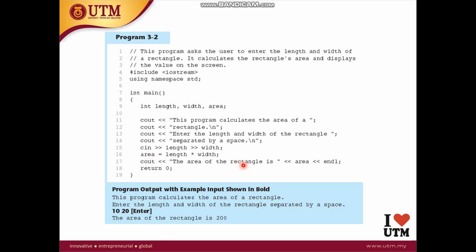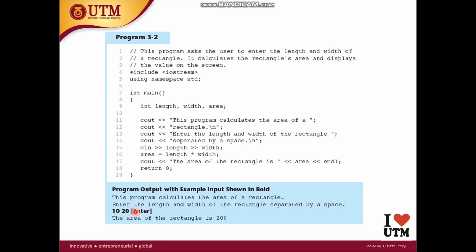The area of the rectangle is, which is the string literal, and this << area is the variable which contains the length multiplied by the width, and this endl ends this line and goes to the next line, and return 0. This is going to be the output of the program: enter the length and width of the rectangle separated by space, 10 space 20, then enter.